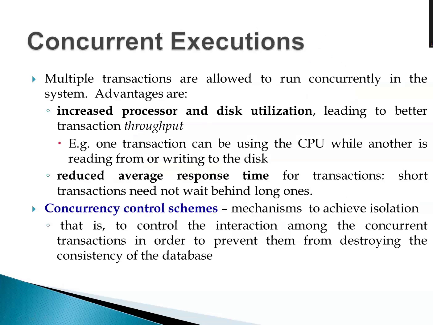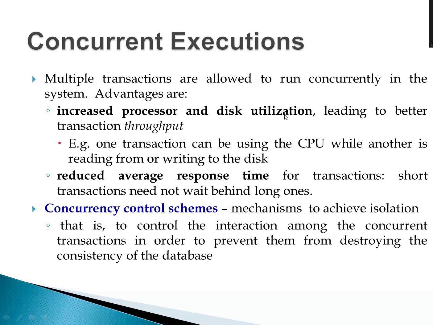And then we will see about concurrent execution. As we briefly touched upon, database systems often allow multiple transactions to run concurrently. This offers several advantages, including increased processor and disk utilization, leading to better transaction throughput.